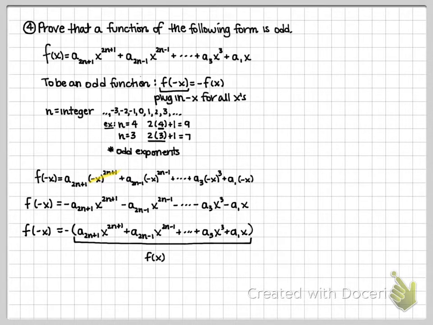Now, drop down the negative sign and bring down the other side. Going back up, to determine it to be an odd function, this must be the case. Therefore, f of x is an odd function.